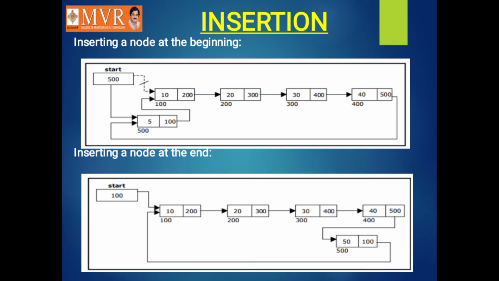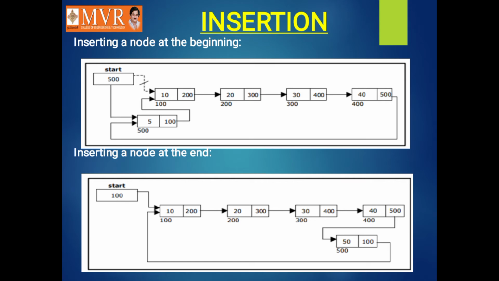There the 200th location contains the address 300. From there we move to the location 300. There we find the address as 400. And from there we move to the memory location 400. There it is given the address as 500. So we move to the location 500.